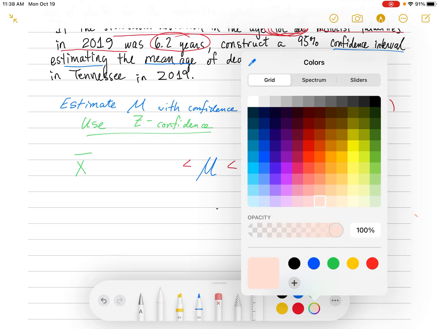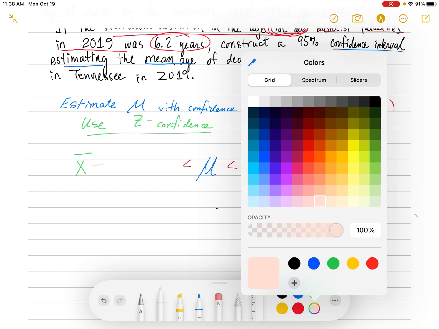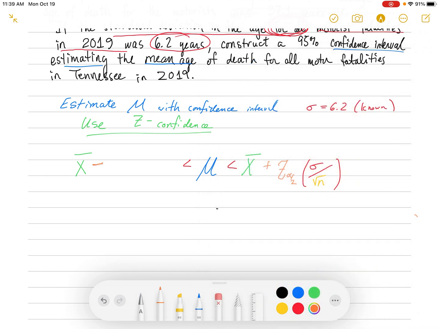That's your upper bound, and your lower bound is going to be x bar, sample mean, in this case minus Z alpha over 2, the critical value for the Z score, times sigma, the population standard deviation, divided by the square root of the sample size, square root of n. Okay, so you don't know mu.